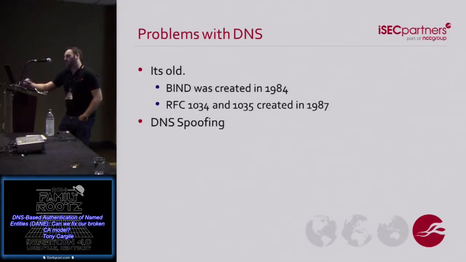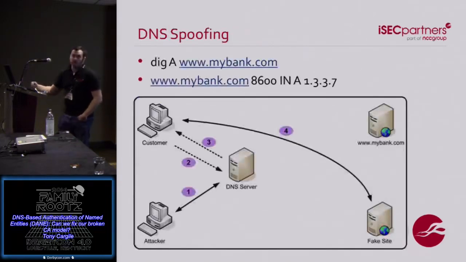And so the first problem, which is really apparent, is that you can just do spoofing on DNS traffic. If you look at this example, the client makes a request to a DNS server, and it recursively looks up the IP address for an A record. Now, if an attacker is somehow able to intercept that message anywhere between the client and the name server, they could modify the traffic.